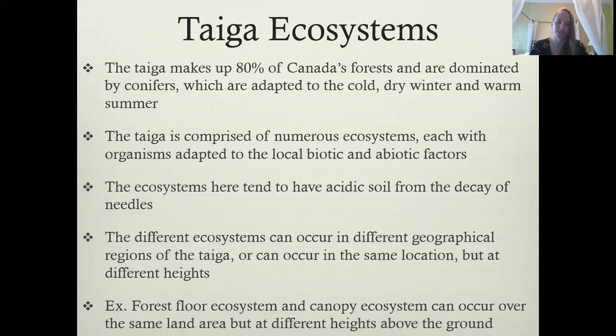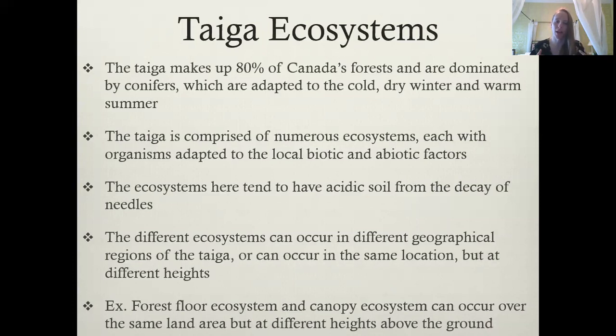And then different ecosystems can occur at different geographical regions, kind of spread out. So for instance, an area that is closer to the ocean is going to have different ecosystems than one that is closer to the mountains or something like that.